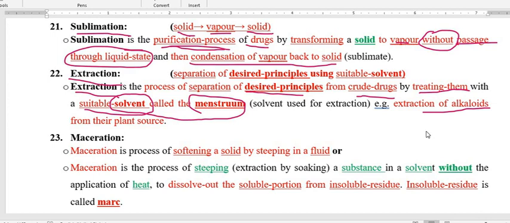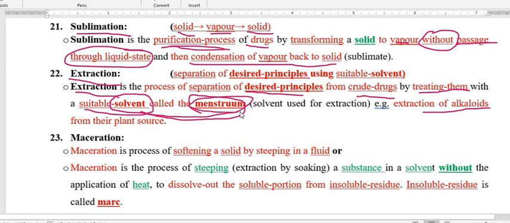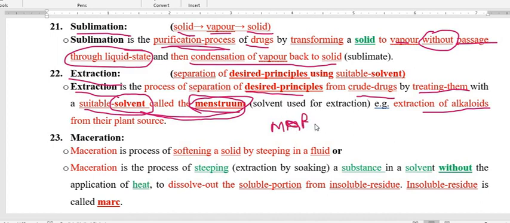For extracting the alkaloid from the crude drug, we use a specific solvent that extracts the alkaloid, and the solvent is called menstruum. The solid that remains intact, we call marc, M-A-R-C. We will read later what marc is. So the insoluble solid material that is left is called marc.